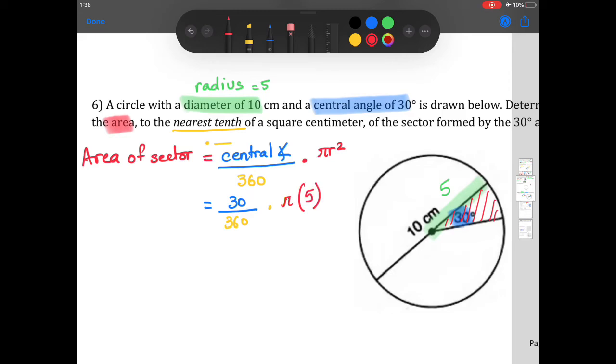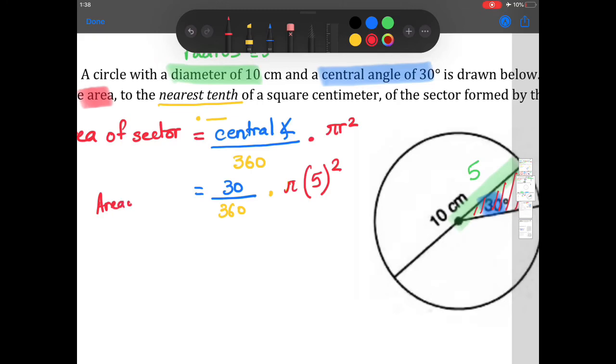Many people will make that mistake of using 10, so be very careful. So that is your area of sector, right? Put the whole thing into the calculator and you will get 6.54. That's your area of sector, right?